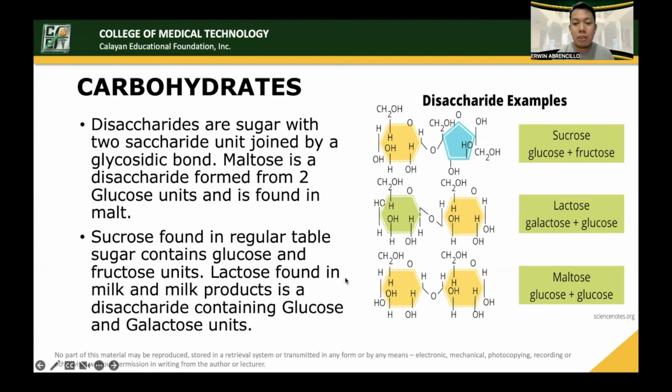So when you digest maltose, you will always have two glucose units. That means there will be an increase in the blood sugar. By the way, maltose can be found in beer.